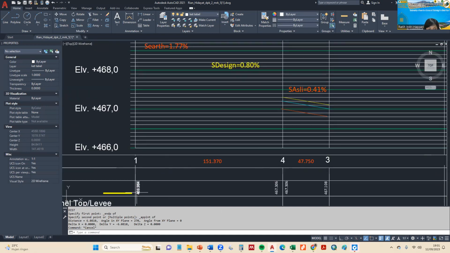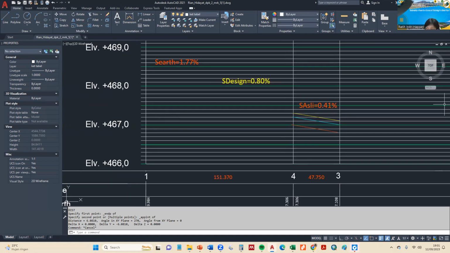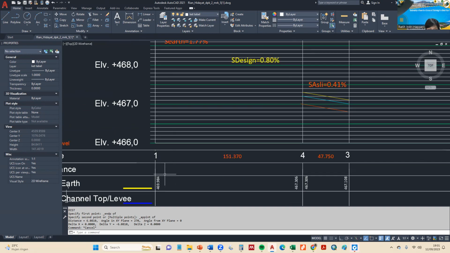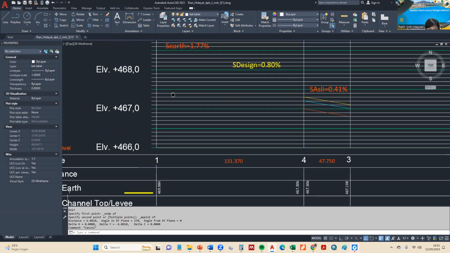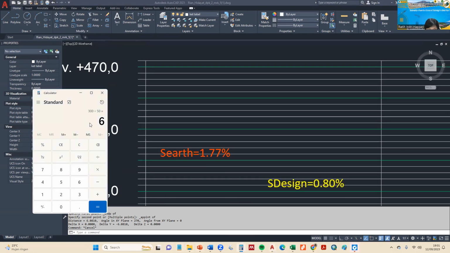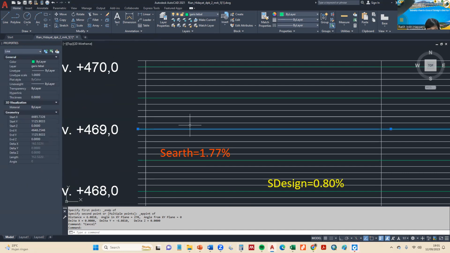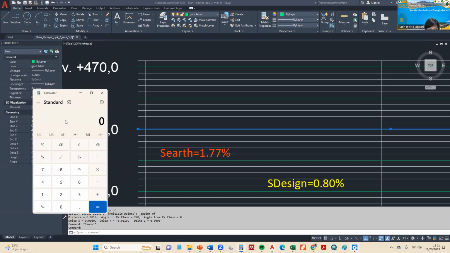The elevation here is 496. So we have to draw 496. 469, sorry. 469.984 from this 469, yeah. Then I will start from here, offset from this green line.